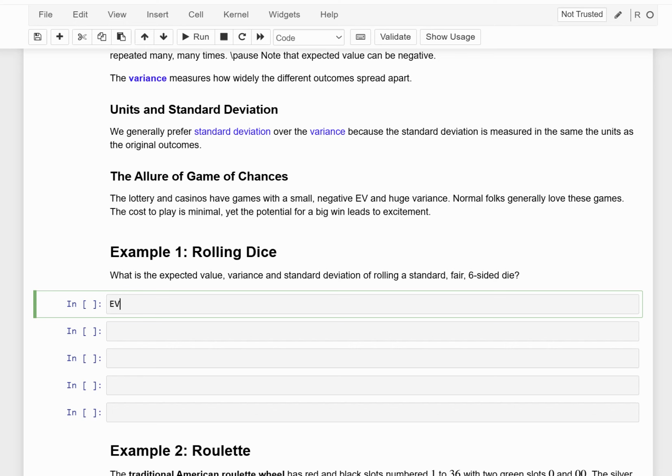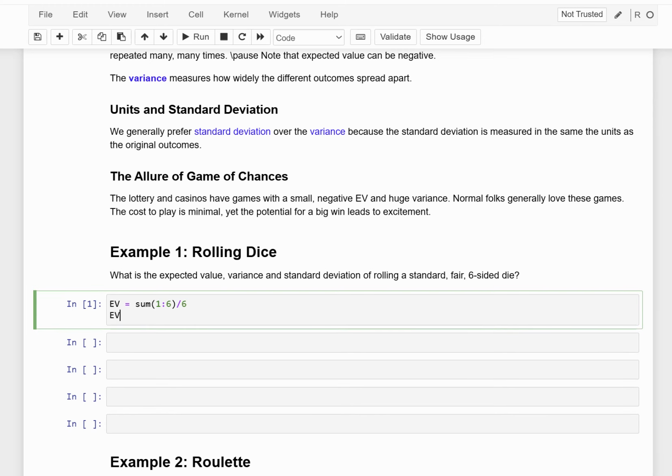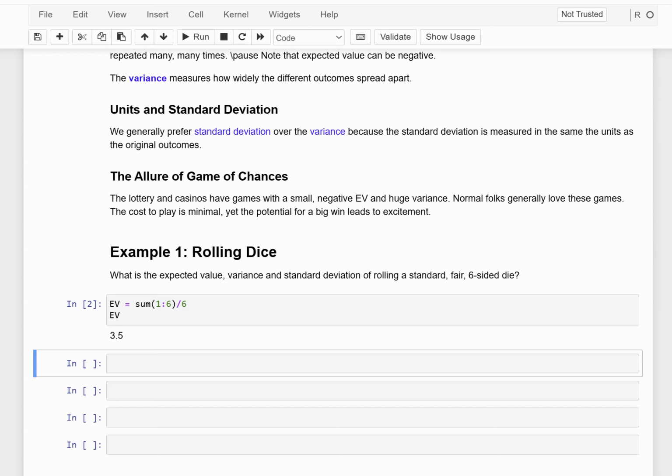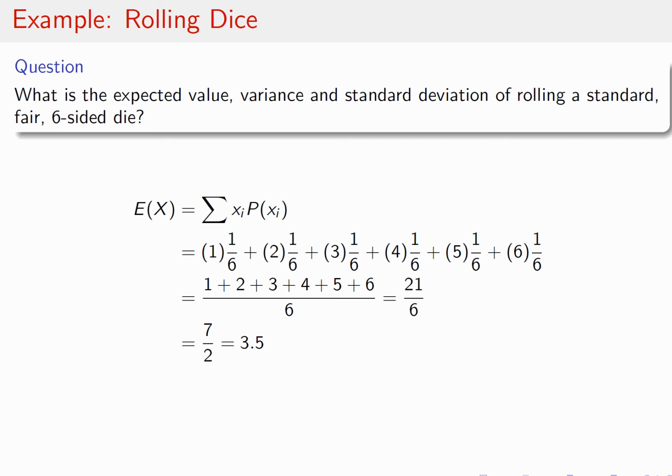Our expected value is going to be the sum of 1 plus 2 plus 3 plus 4 plus 5 plus 6 over 6. And I have to print out EV at the bottom there. So I get the EV of 3.5, which is exactly what our calculations lead to believe.